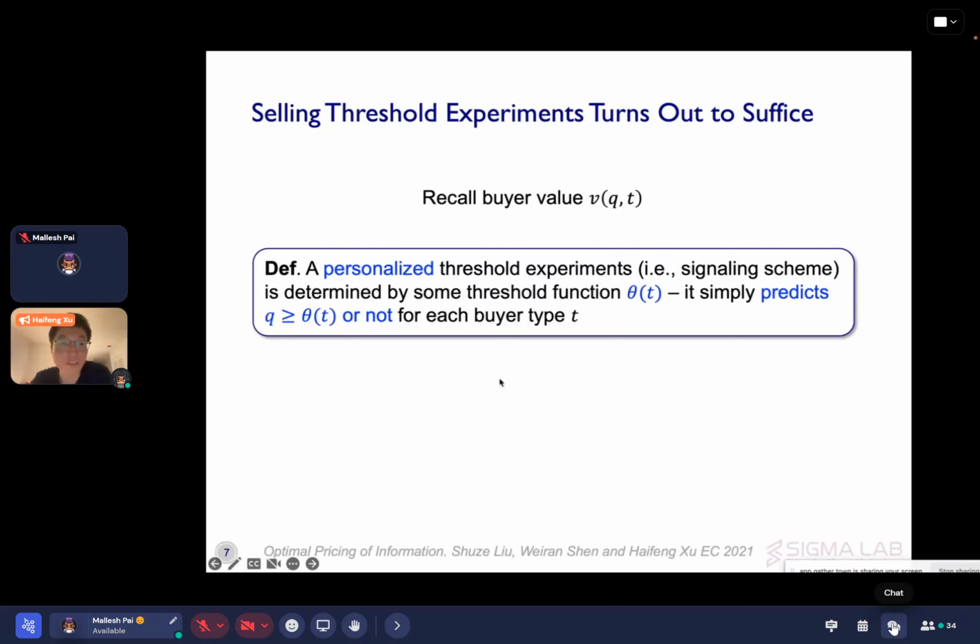So a threshold experiment, particularly a personalized threshold experiment, which people equivalently call a signaling scheme, is determined by some threshold function theta, which depends on the buyer's type T. This threshold experiment simply reveals whether your predicted Q is greater or equal to theta T or smaller or equal to theta T. And importantly, this threshold is personalized for different buyer types T.